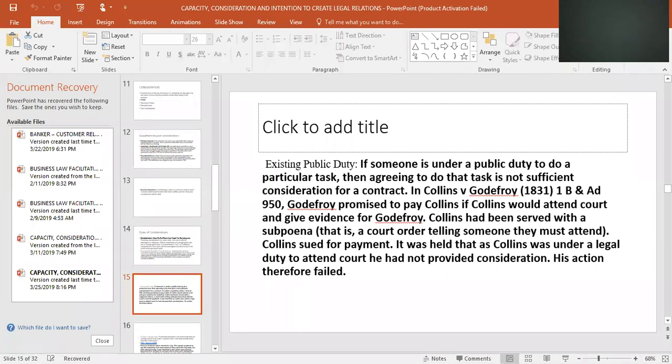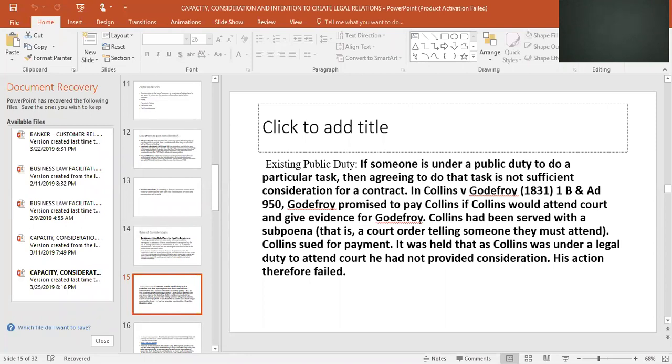Now, the promisee who should give the consideration, if he happens to have an existing public duty that commands him to perform that same thing that under the agreement between the two of us happens to be the consideration which will come from him, then we are saying that it is not a good consideration or it is not sufficient.